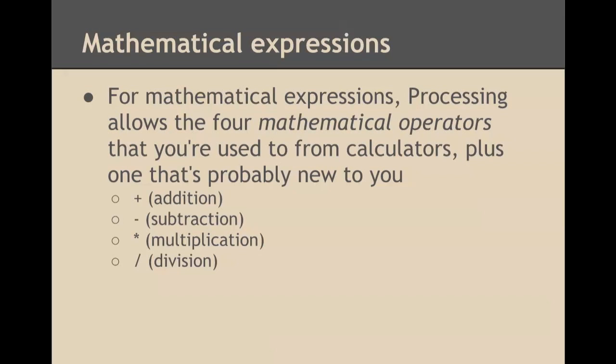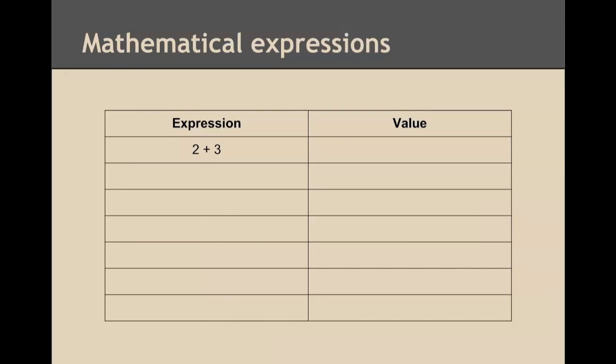And the one that's probably new to you is modulus, which we represent with the percentage sign, and that's the remainder after a division. And that turns out to be a really handy operator, and we'll talk about that here in a little bit. So let's look at some examples.